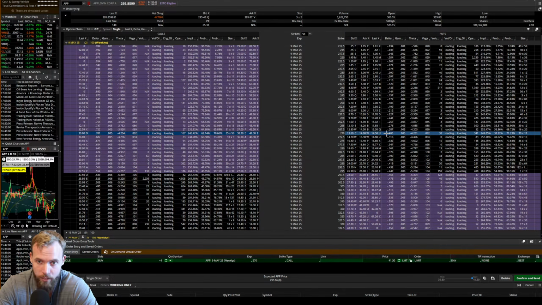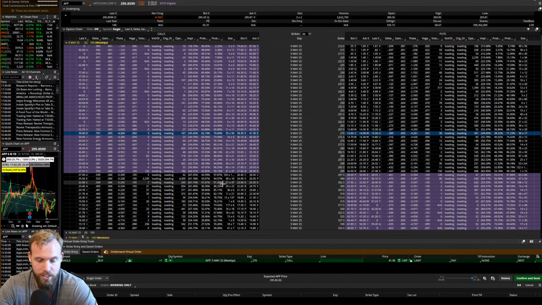And for a straddle, I would want the deltas to be about flat. In this case, I can see I have 30 deltas from this side and 70 deltas from this side. So I'm going to be net long 40 deltas, which I don't want. In this context, I would want to be flat. So that's why I specifically refer to it as rebalancing, not recentering.